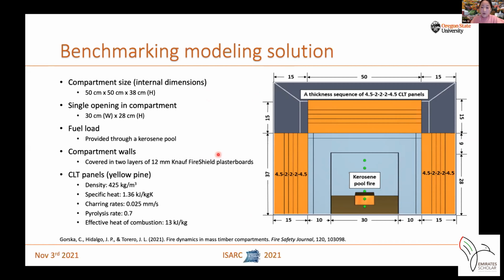The fuel load is provided through a kerosene pool, and the compartment walls are covered in 2 layers of 12 millimeter fire shield boards that are designed as non-combustible in the fire. The combustible parts, that is CLT panels, are attached on the 2 lateral sides and the top of the compartment with a specific thickness sequence, and the related thermal properties for the CLT panels are listed below.